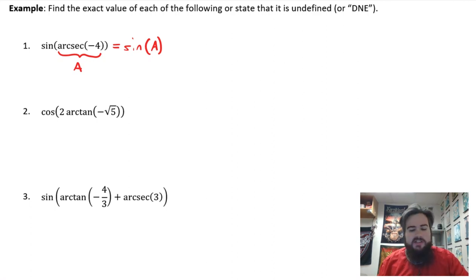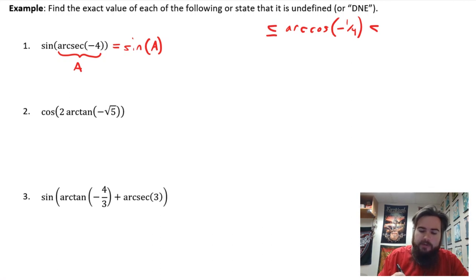Now note that arcsecant has a negative input on it, and that arcsecant, or arccosine if you want to think about it that way, of -1/4, has to be an angle measure between 0 and pi.